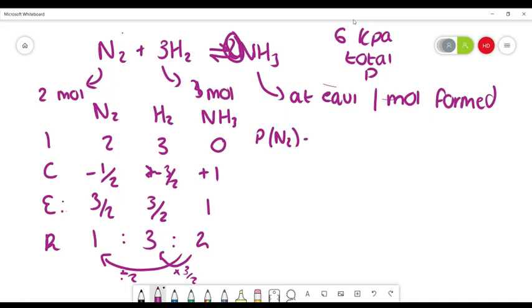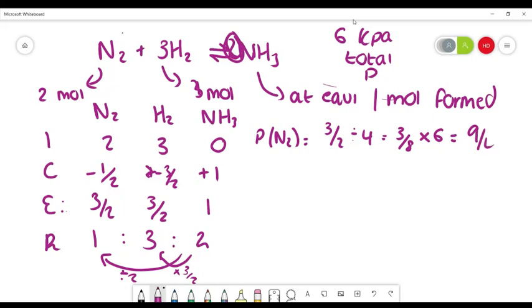So pN2 equals your mole fraction, which is 3 on 2 plus 3 on 2, which is 3, plus 1, which is 4. So it's 3 on 2 divided by 4, which equals 3 on 8, times by the total pressure, which is 6. 3 on 8 times by 6 is 9 on 4.